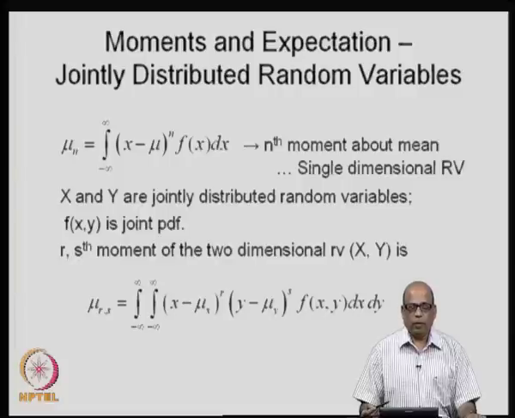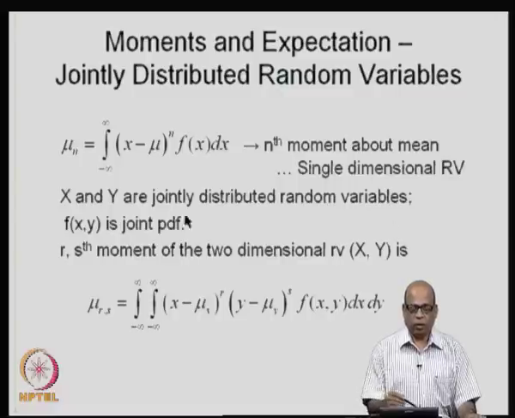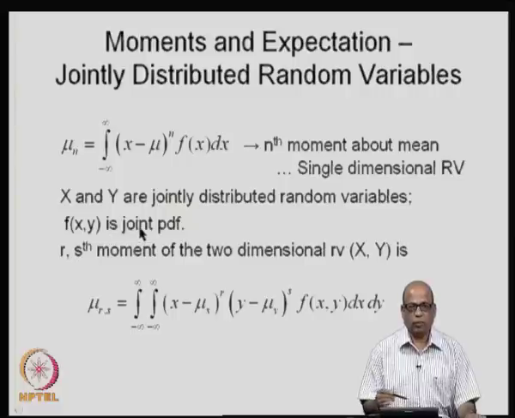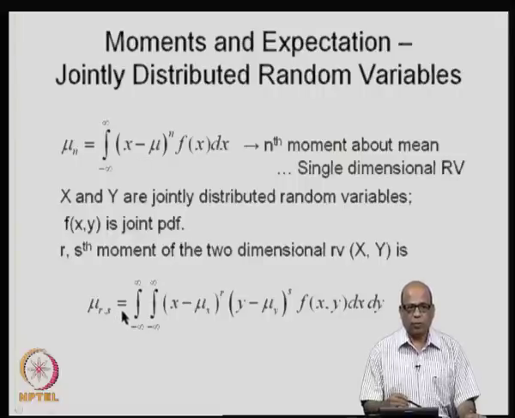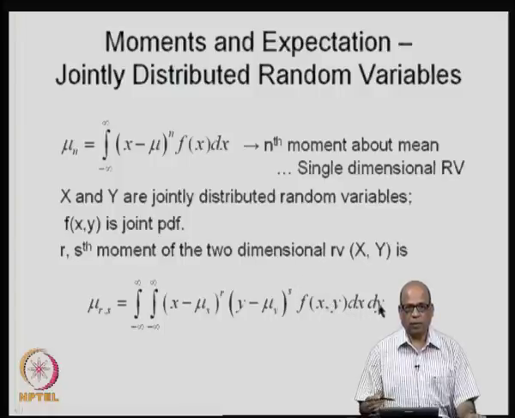Now, when you have two random variables x and y, which are jointly distributed random variables, with f of x y as the joint PDF, we define, analogous to the single dimension random variable, the rsth moment of this two dimensional random variable as the double integral from minus infinity to plus infinity of x minus mu x to the power r, y minus mu y to the power s, f of x y dx dy.